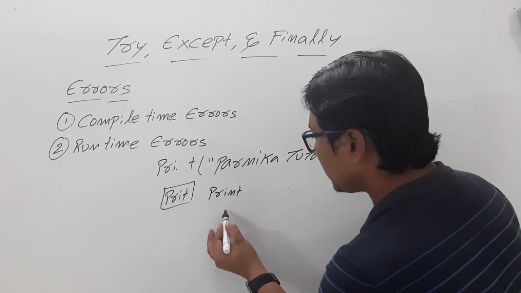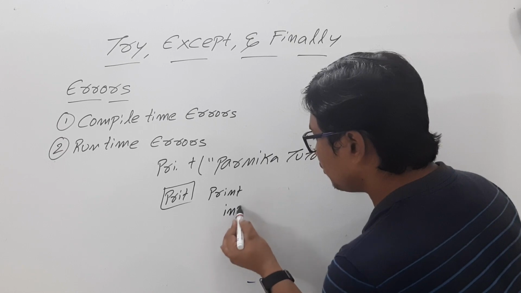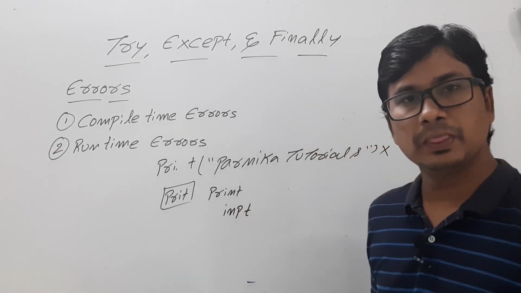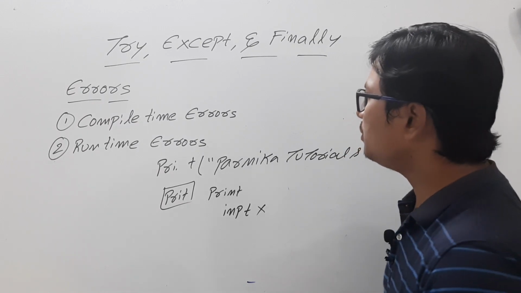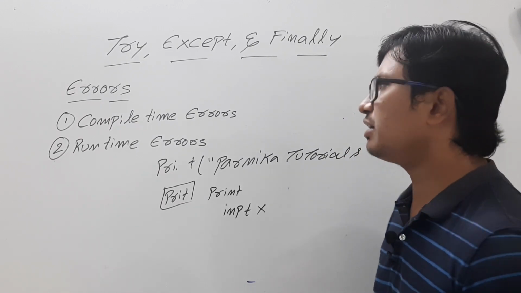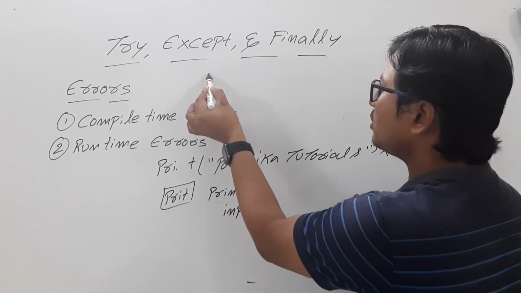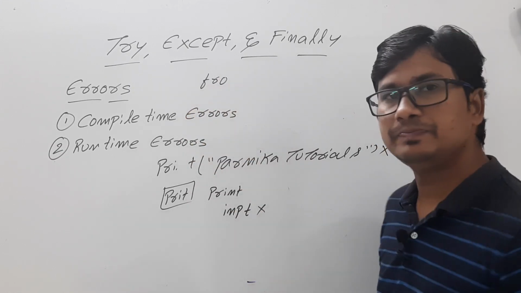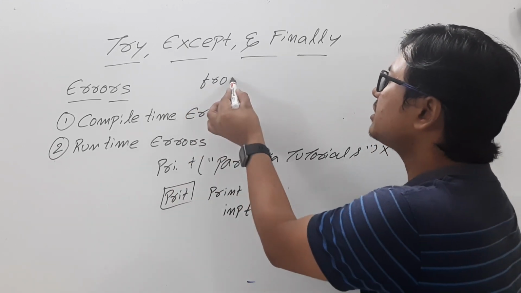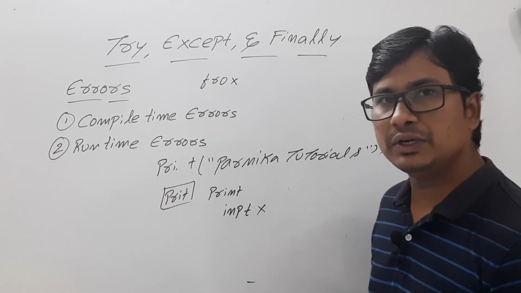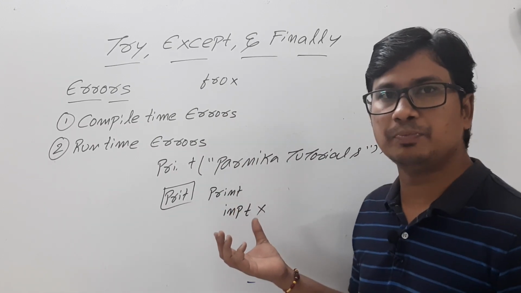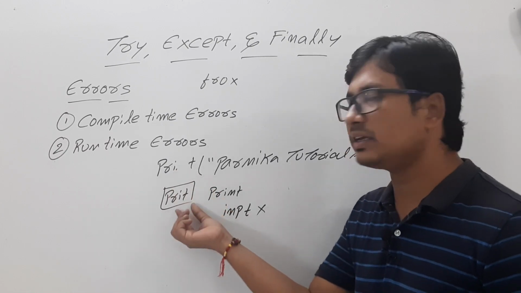Similarly, when you are writing the input function, you forgot to write the u. Then also it will give a syntax error for you. And you started using the for loop. Then instead of for, if you have written it wrongly, then also it will give a syntax error. So if a syntax error comes, then what will you do? You will again open the program and look at where the error came.